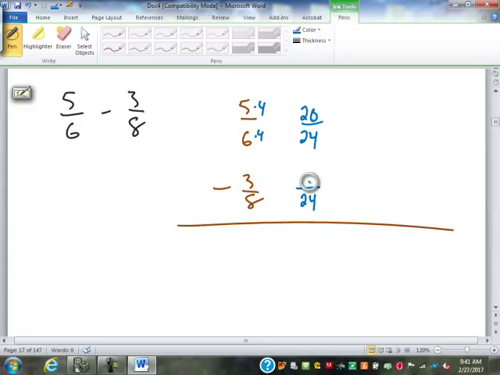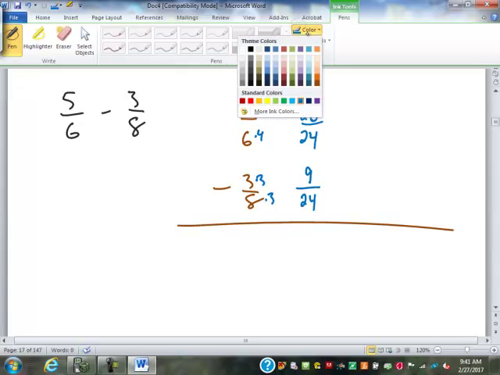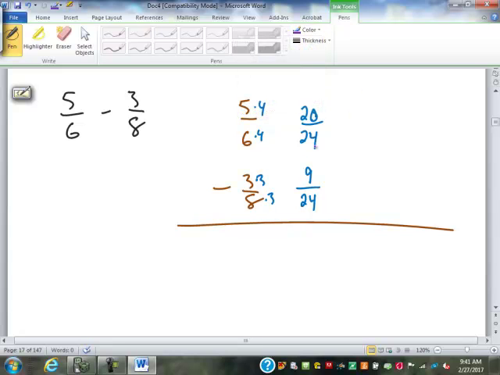What goes here? 9. 8 times 3 makes 24, so 3 times 3 is 9. So now we've got the same name. We've got common denominator. We can subtract. 20 24ths minus 9 24ths. 11. 20 minus 9 is 11. And it's 24. So just adding and subtracting with the fractions isn't too bad to do.